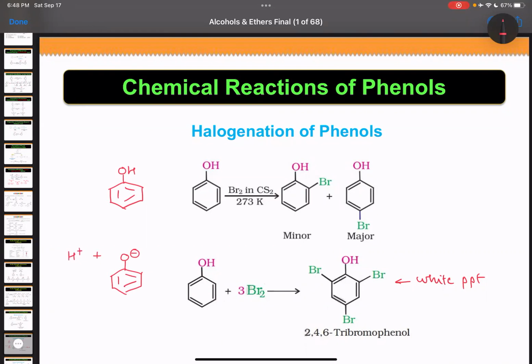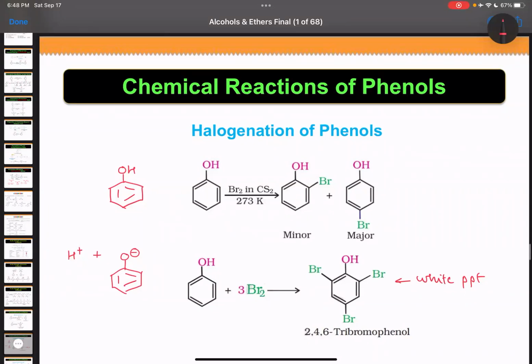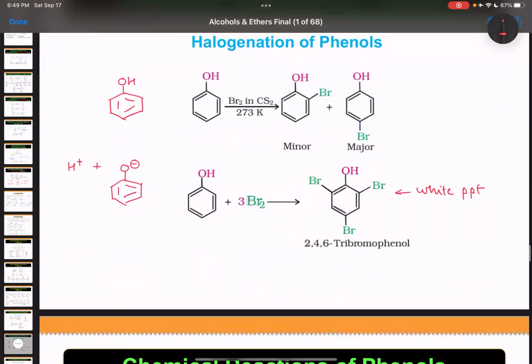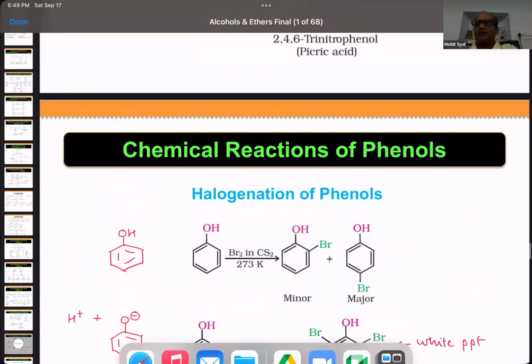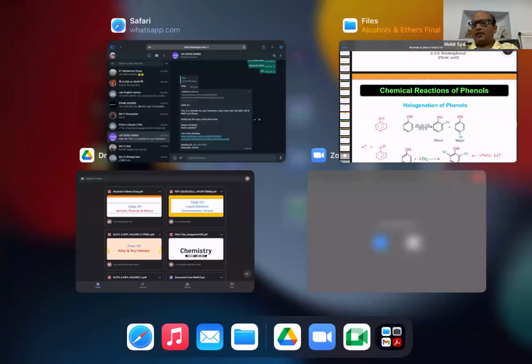Why does it get ionized in water? Because it is a polar protic solvent. Yes, it is polar, so it facilitates the ionization, and that's why it is very rich.